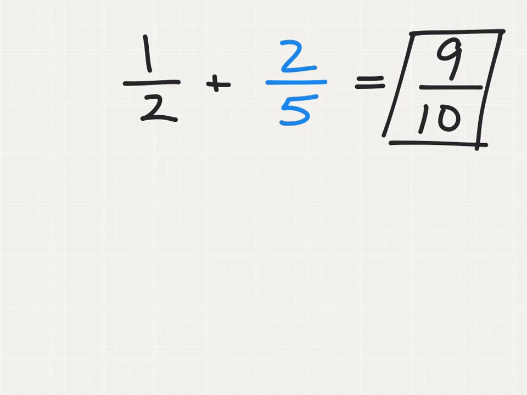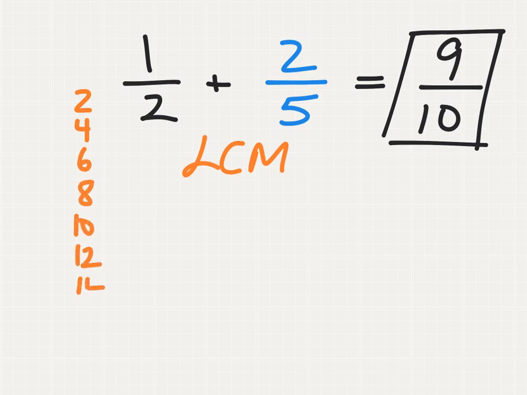We look for what's called the least common multiple, the LCM. The LCM is the least common multiple. I find multiples of 2: 2, 4, 6, 8, 10, 12, 14, and multiples of 5: 5, 10, 15, 20, 25, 30.